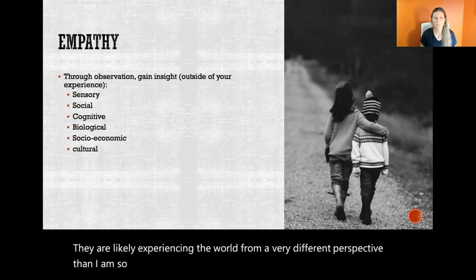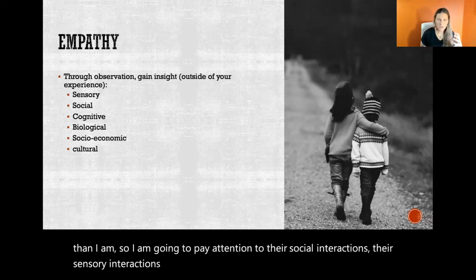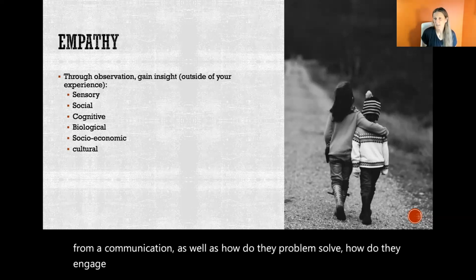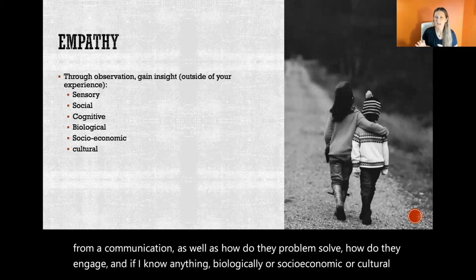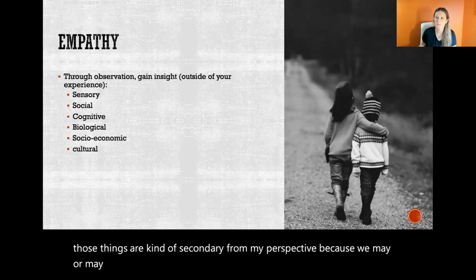So I am going to pay attention to their social interactions, their sensory interactions, even how they're processing and interacting from a communication standpoint, as well as how they problem solve and how they engage. If I know anything biologically or socioeconomic or cultural, those things are kind of secondary from my perspective, because we may or may not have all of that information.